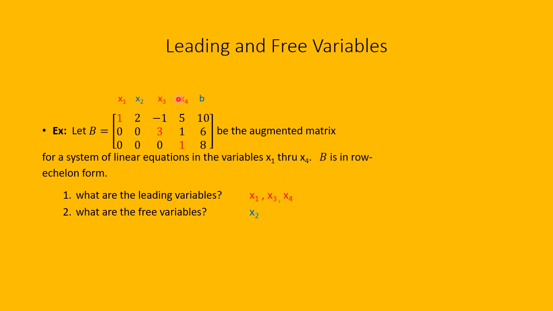These three variables correspond to these three elements that are leading non-zero elements in each of those three rows. There's only one variable left that's not a leading variable, and that's x sub 2. So x sub 2 is going to be a free variable.